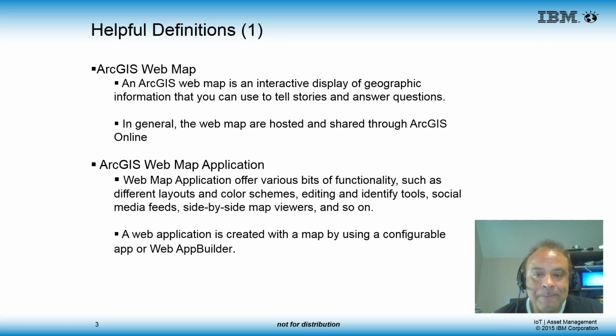One of the most important things that you should know, and we're going to go over it a little bit more, is that when the web map is not public, not shareable, then you must put it in a web map application in order for us to be able to read it online. And I'll show you that in a little bit.